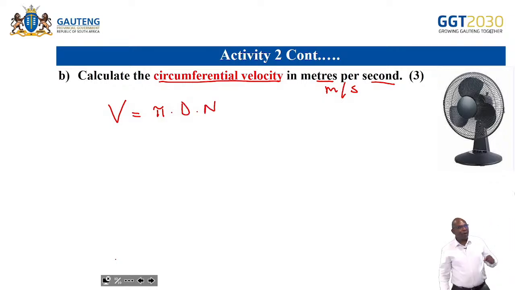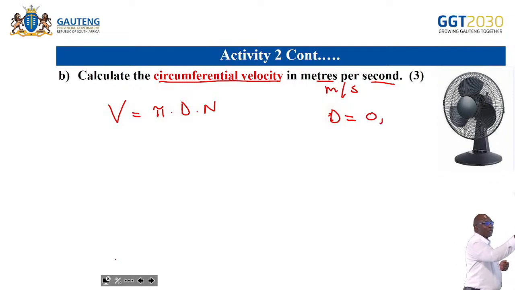Okay. Now the first thing, remember, what you need to do is to write down what is given. So do I have a diameter? In this case, no. I do not have a diameter because I have a radius, and the radius that was given was 0.6. So it means that my diameter will be 0.6 multiplied by 2.